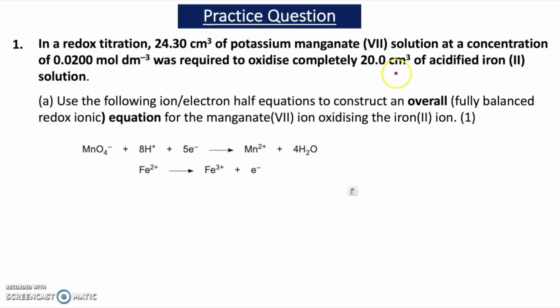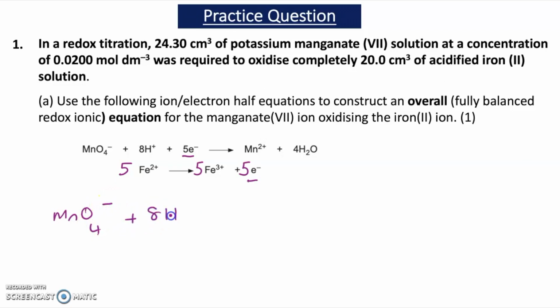So to combine two half equations you have to have the same number of electrons in each half equation. Now, we have 5 electrons in the top half equation and 1 electron in the bottom one. So I have to times the bottom equation by 5. Now, when I then add these two equations together, the electrons will cancel out.